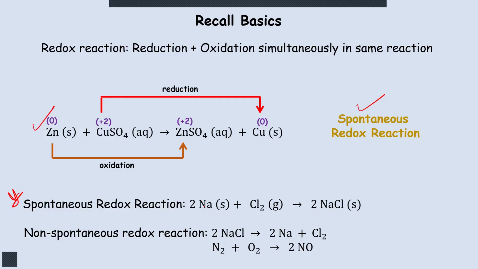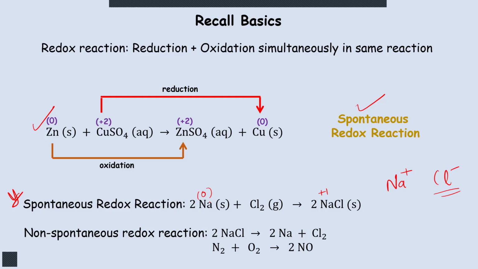Here sodium is oxidized from 0 to +1 oxidation state. Sodium chloride is an ionic compound containing Na+ and Cl-. So sodium is oxidized to Na+ and chlorine is reduced to chloride. And this reaction is spontaneous. So it is a spontaneous redox reaction.